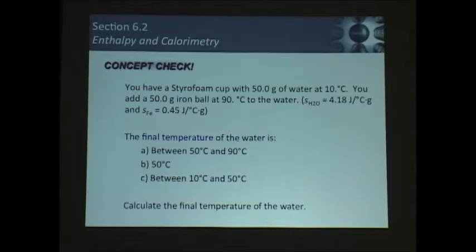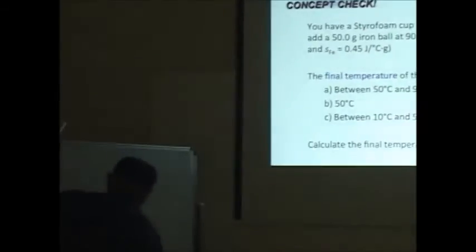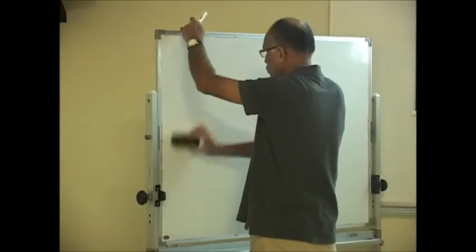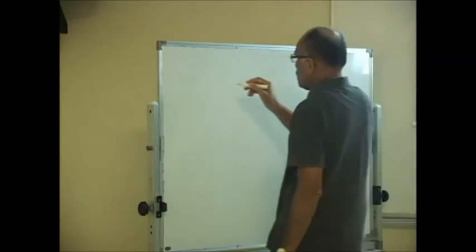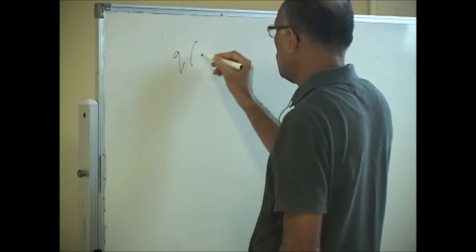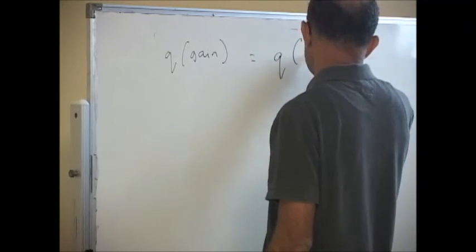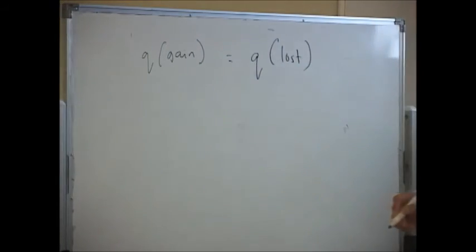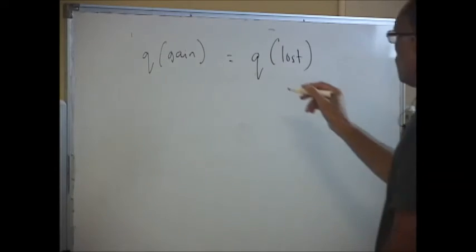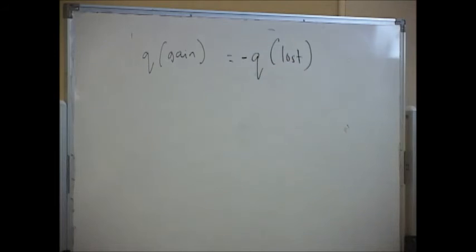This follows very closely what we have just done. So I'll set it up again on the board. And that is Q gain is equal to Q lost. Q lost is negative, Q gain is positive. If you look at this, iron starts from 90 and it's going to lose energy.